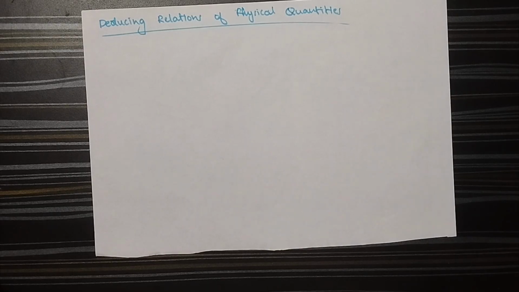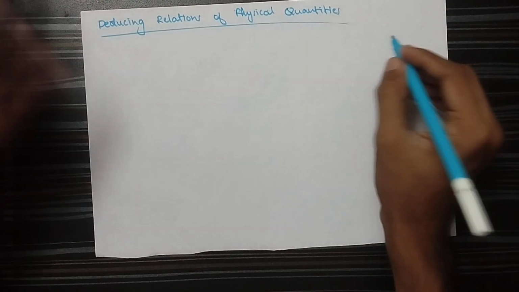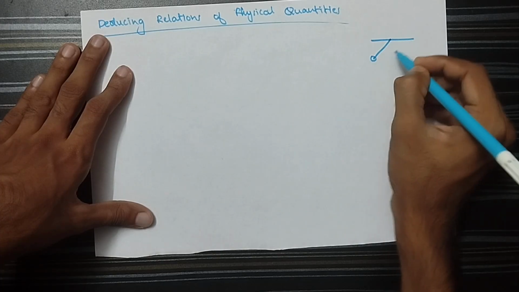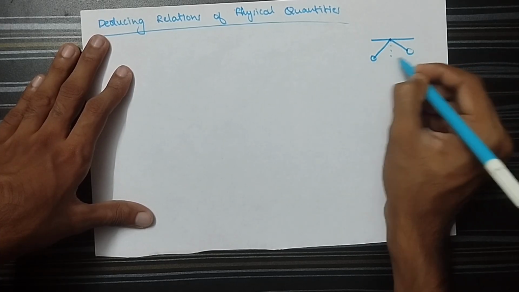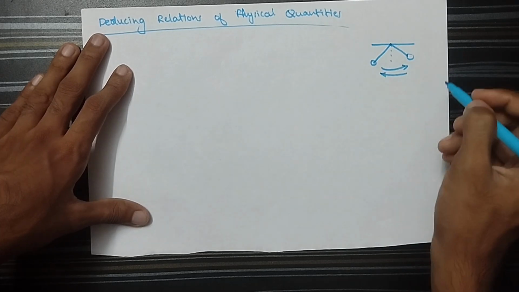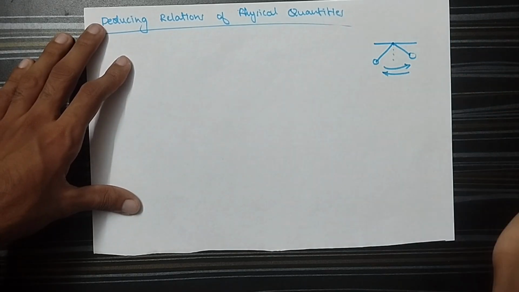So what is given? We have to find the time period of this pendulum. We know what a pendulum is. Pendulum is suspended from a steady surface and it will oscillate to and fro, right? One to and fro motion is called one oscillation. So time period is the time taken to complete one oscillation.